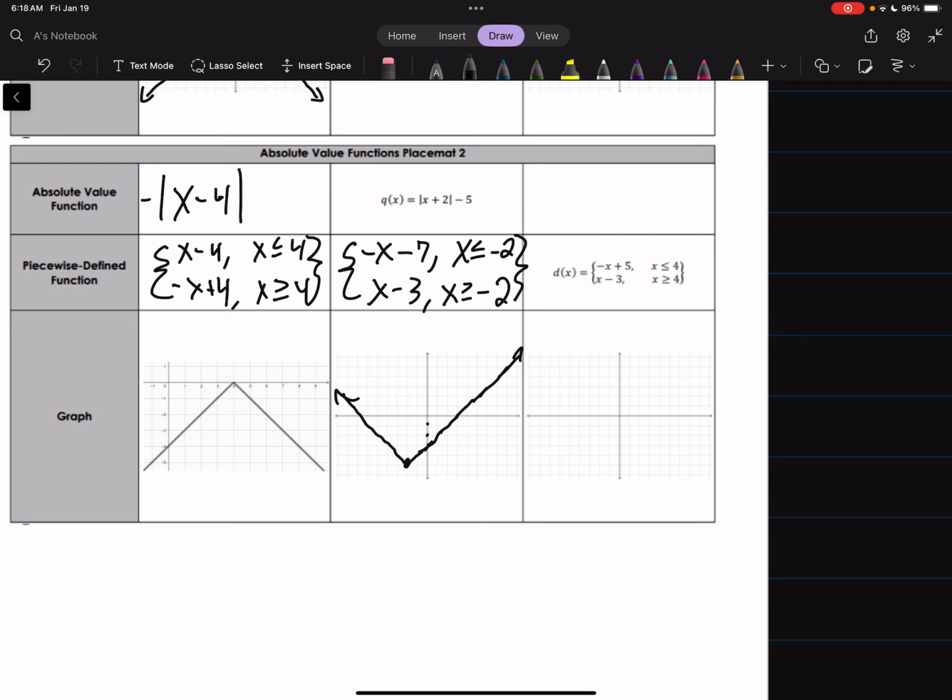We want this where x is greater than or equal to negative 2. D of x is equal to negative x plus 5. Okay, so we're going to go up to 5. You have a negative slope. And you want this on the left side of 4.